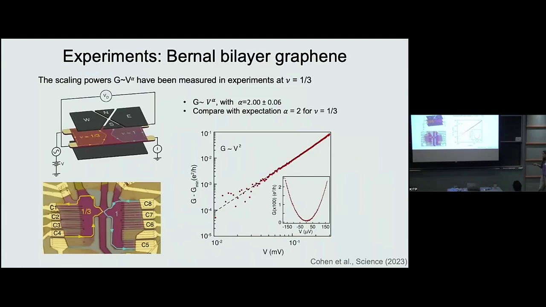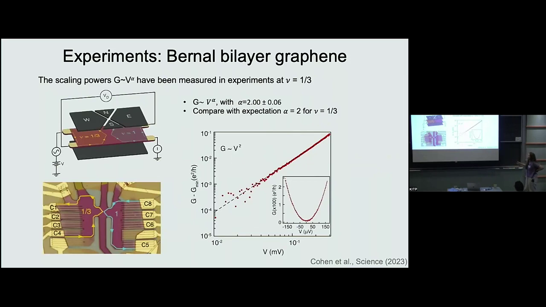But more recently, at UCSB, Andrea's group performed a similar set of experiments, again with integer quantum Hall to 1/3, and now they're using this point contact geometry that I'm really focusing on. And so here they measure the conductance, and they find that G goes as V squared.